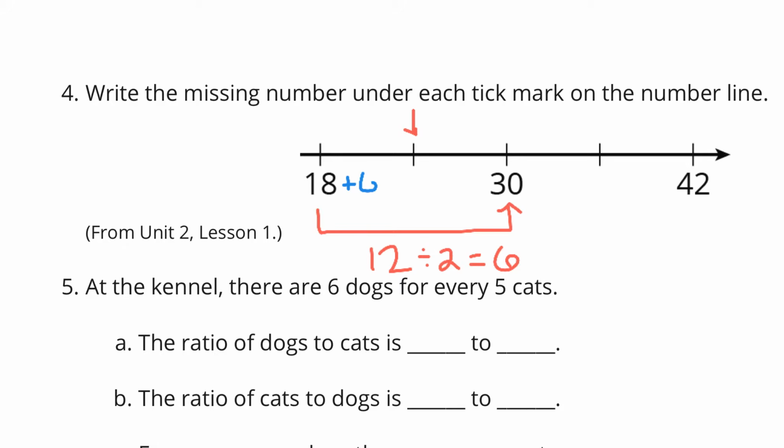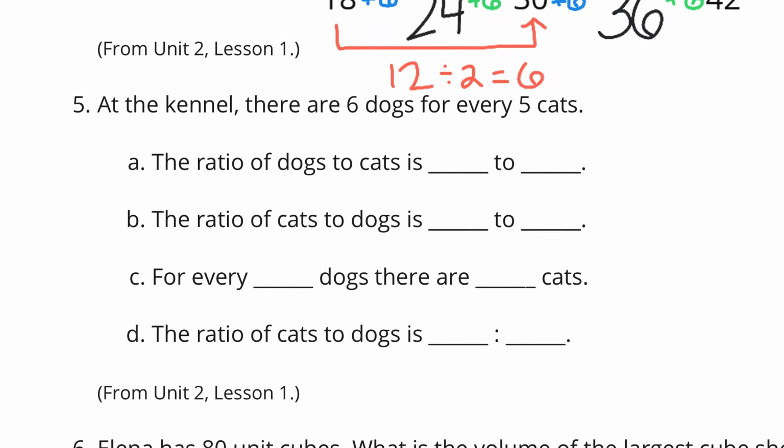So if I add 6 to that 18, I'm going to get 24. And if I add 6 to this 30, since we're in intervals of 6, that's going to be 36. And of course we could check this by saying, yep, 24 plus 6 was 30, and 36 plus 6 is 42. So we're dealing with intervals of 6.